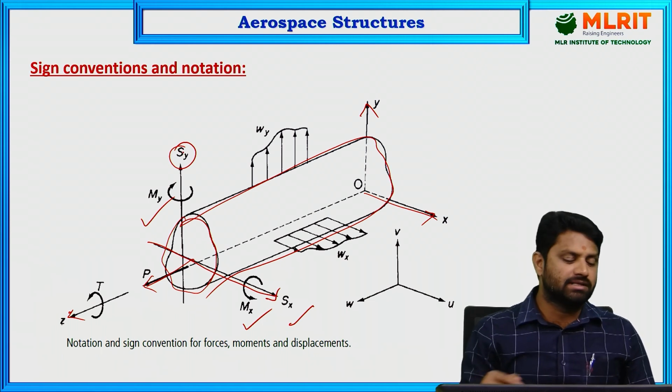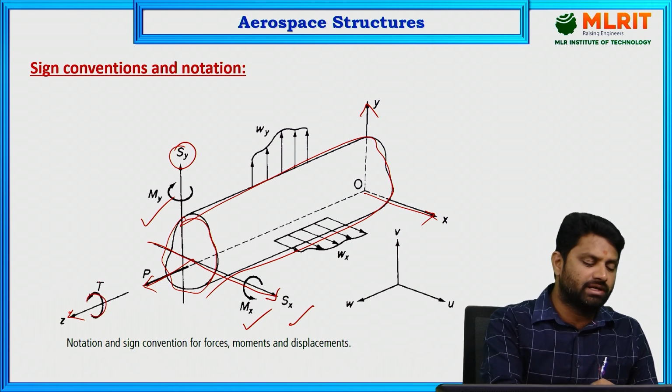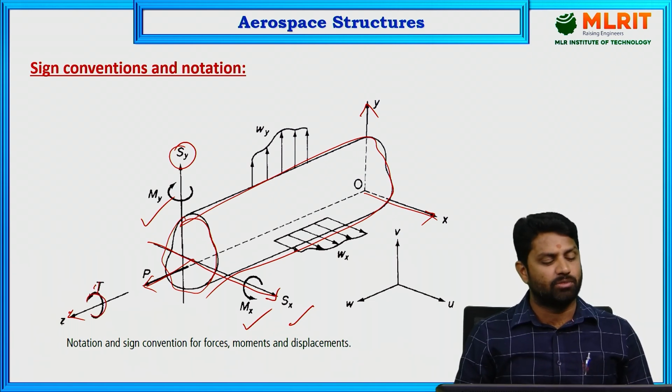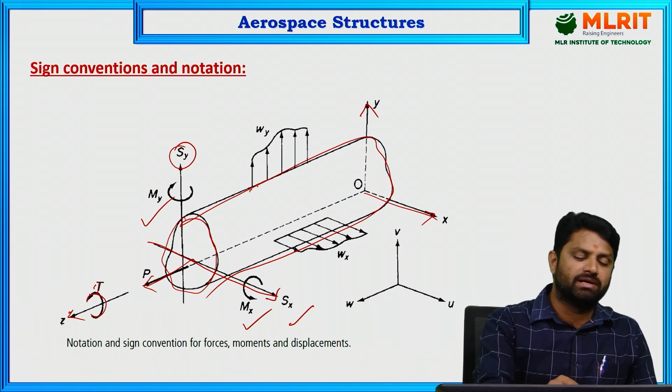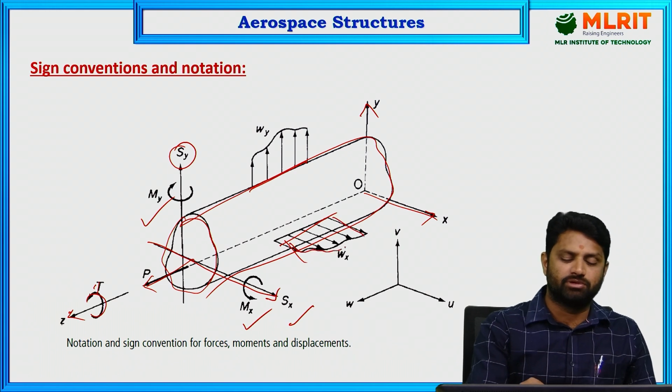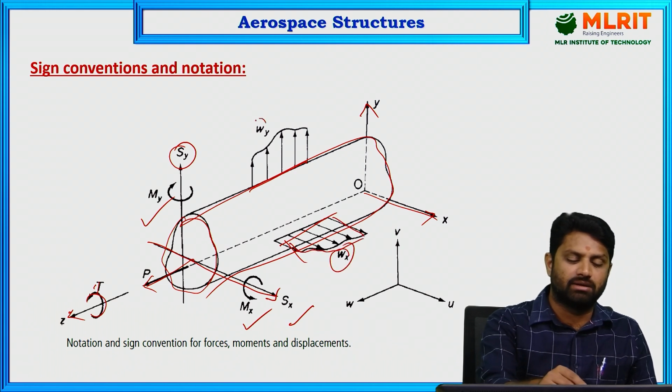And let's apply the torque, which we are applying about the z axis. Then we'll consider one small elemental strip here, and let us assume the distributed load as wx over here and wy over here.